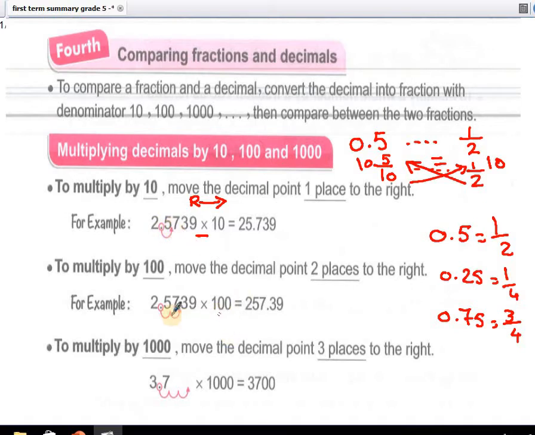When it's 100, I have to go 2 steps to the right. When it's 1000, I have to go 3 steps to the right. Here I don't have any numbers, so for each step I have to put 0. Here the first one, and here nothing, I'm gonna put 0, and here nothing, I'm gonna put 0. So the number will be like this.